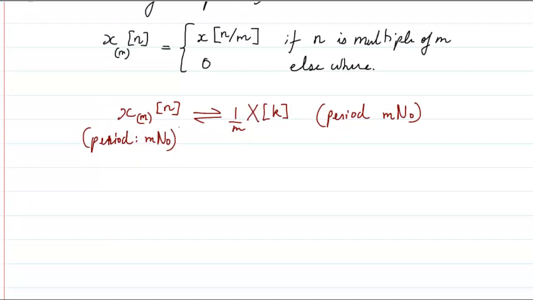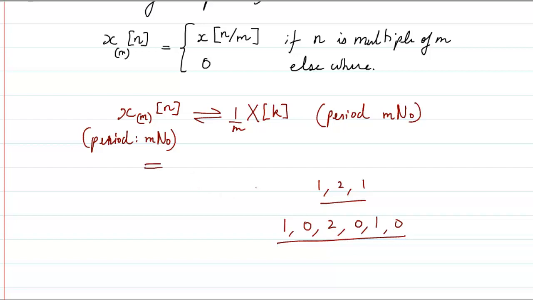Now why did I say that the period has changed? When I had a function 1, 2, 1, I expanded it to 1, 0, 2, 0, 1. So in effect the periodicity has increased. Before it was 3, now it is 6. So the period has changed.